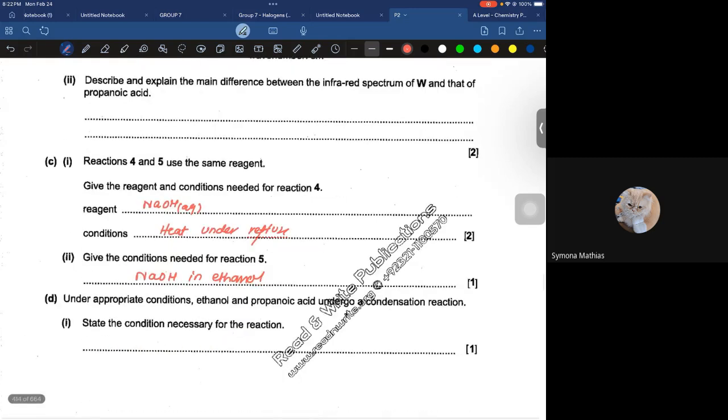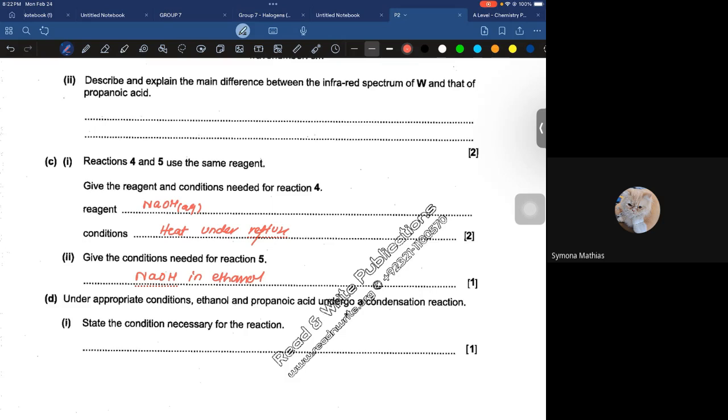Under appropriate conditions, ethanol and propanoic acid undergo a condensation reaction. State the condition necessary for the reaction. So they are talking about esterification. Whenever your alcohol reacts with carboxylic acid, they form esters.